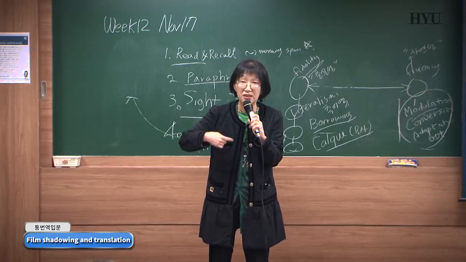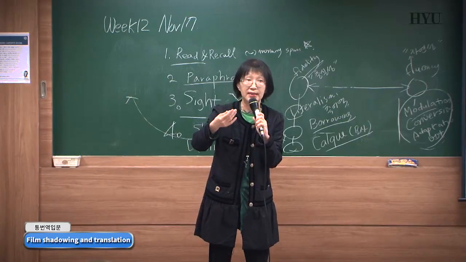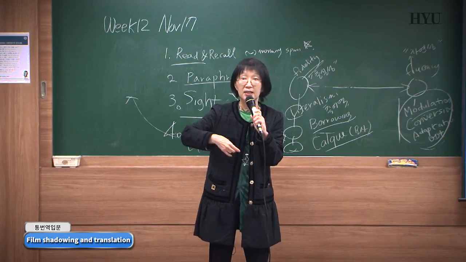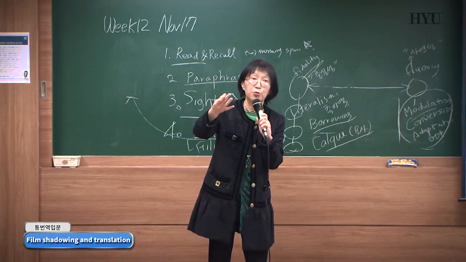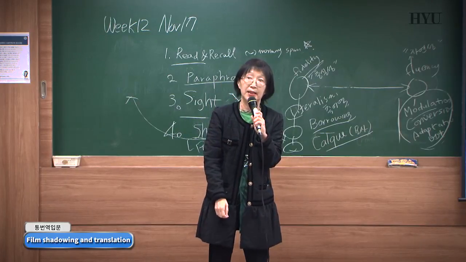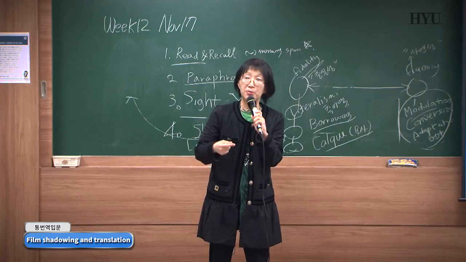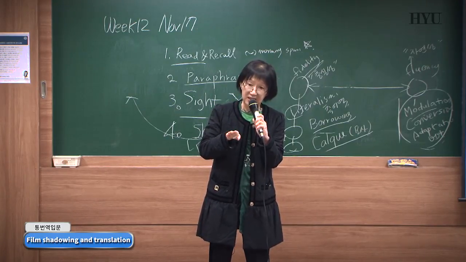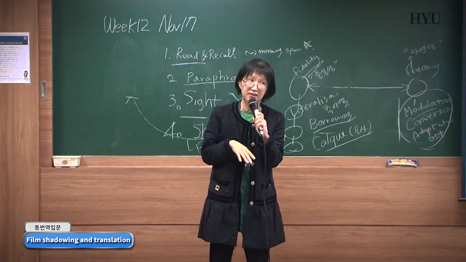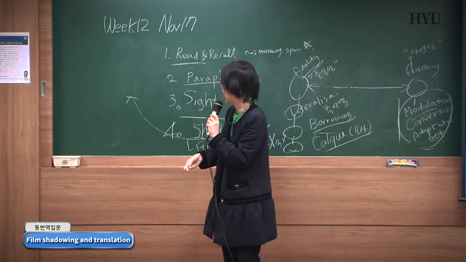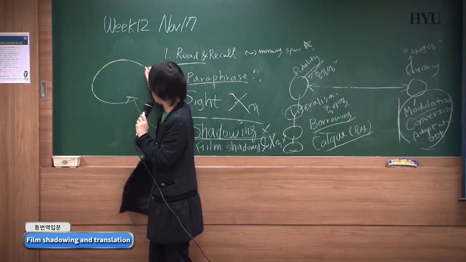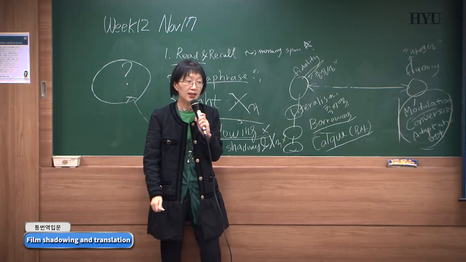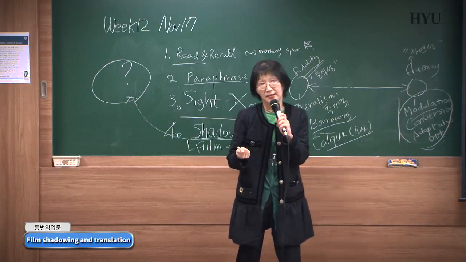Because you can improve your pronunciation first. Second, you can increase your speed in speaking. As an interpreter, it's very important that you build up the speed of talking. So we must practice the speed as fast as the original speaker. That is the advantage of shadowing.